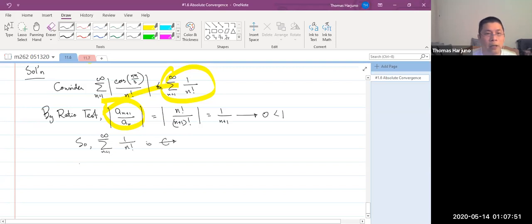And by ratio test, right? And then therefore this series here is convergent by comparison test.